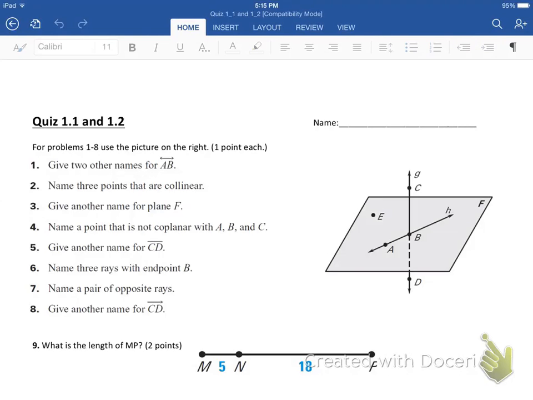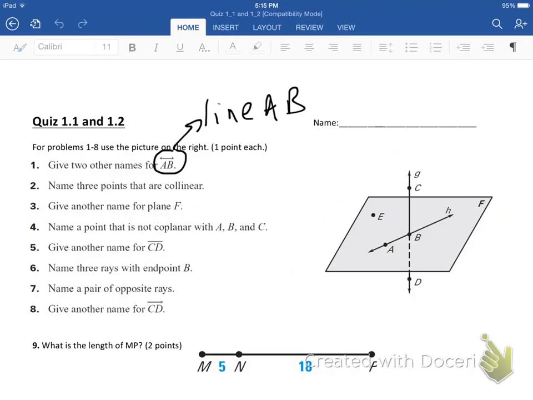Okay, so we're supposed to use the picture on the right over here. It says give 2 names for line AB. So this is line AB, which is one of the names.